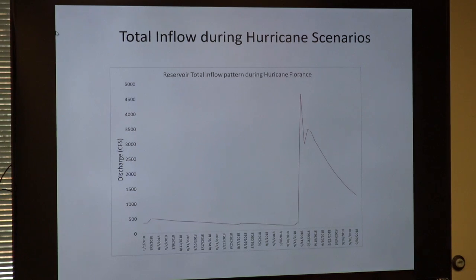And then this is an inflow scenario that we're still revising, trying to figure out why it's going down that sharply. So this is a draft form that I'm showing you. On the x-axis is the same period of time I showed you before, starting August 1st. Actually, this ends 9/30, September 30, and the y-axis is discharge in cubic feet per second.